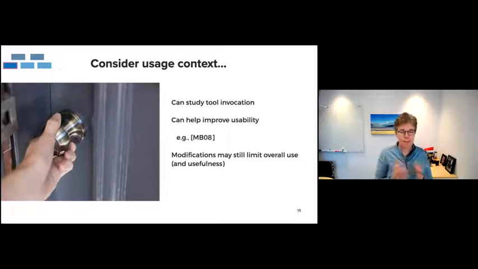You might learn, as people have, about how you could make it easier to identify the code that you want to rename or identify the code you want to inline, but you're kind of limited in terms of how you're improving the usability of that tool, because you've already gotten someone to the point where you've said, here's the tool, try and use it. Just like with this door handle, somebody's already had the ability to grab.